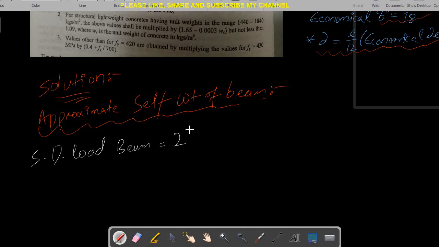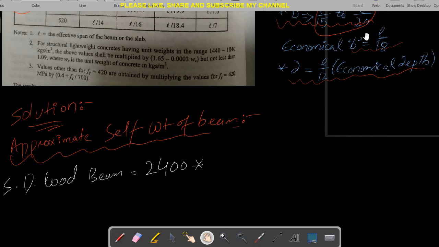The density of RCC, which is 2400 kg per cubic meter, times the width of the beam. The width of the beam is already given. If it is not given, it will be taken as L by 18, right? Although in this example it is given as 228 millimeter, if it is not given, we will use L by 18.